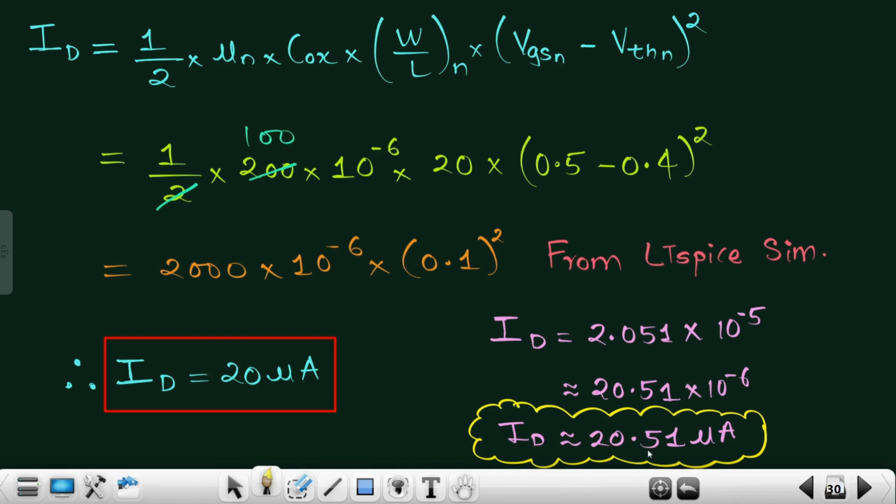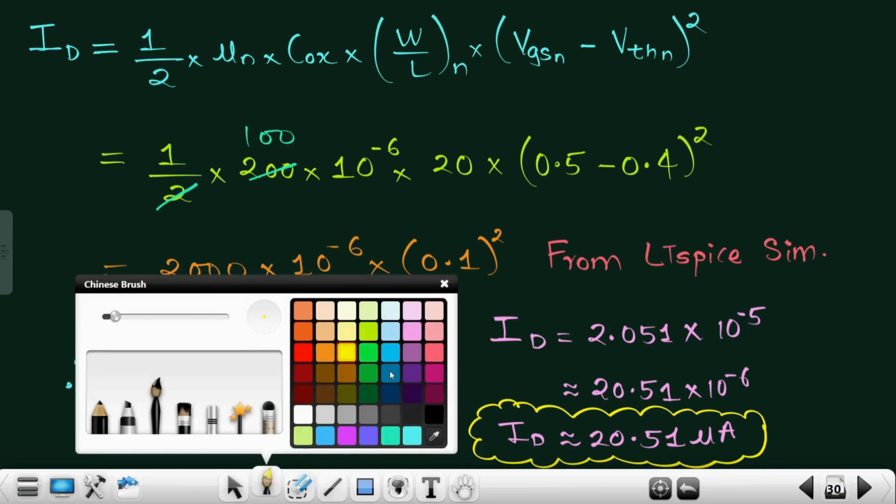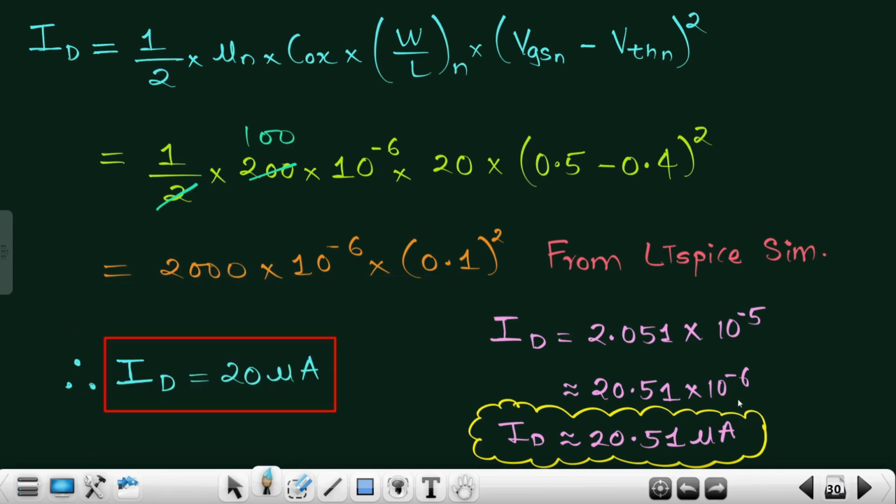There is a difference of 0.51 between the theoretical value and this practical value. This is the practical value which we got from the LT Spice simulation, and this is the theoretical value which we got.